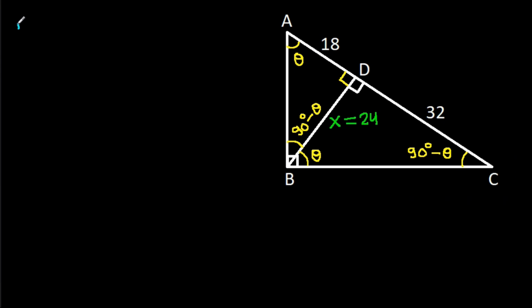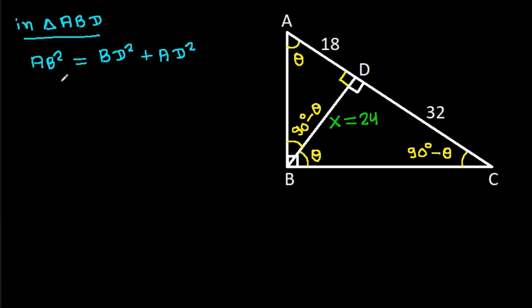and now in triangle ABD, AB square, it will be equal to BD square plus AD square by Pythagoras theorem.